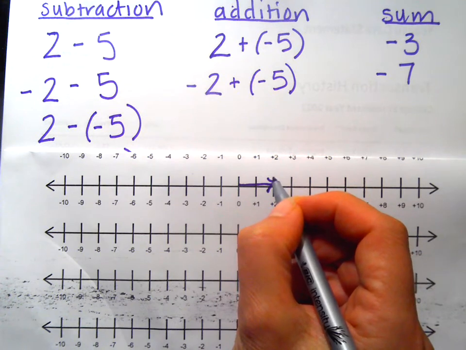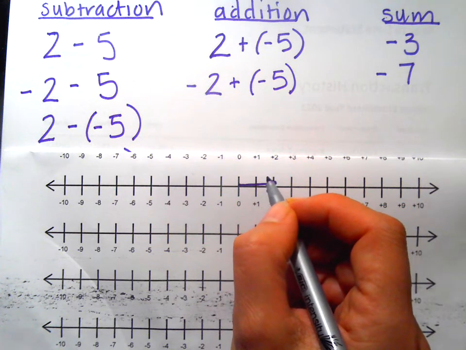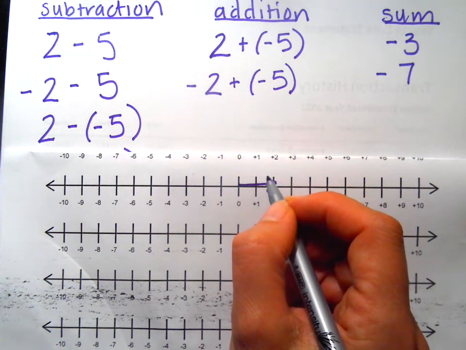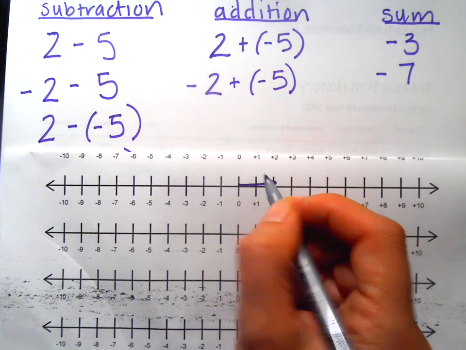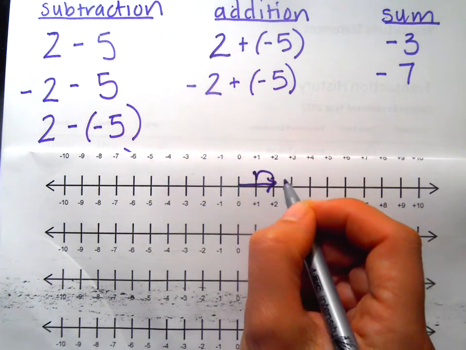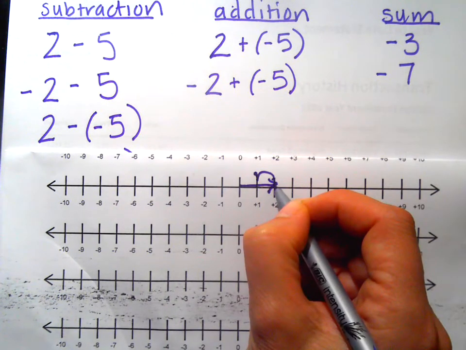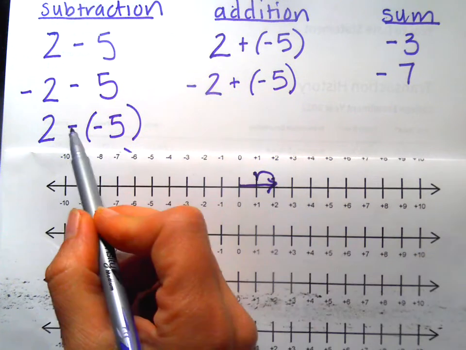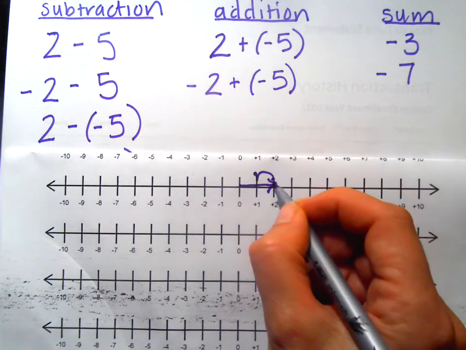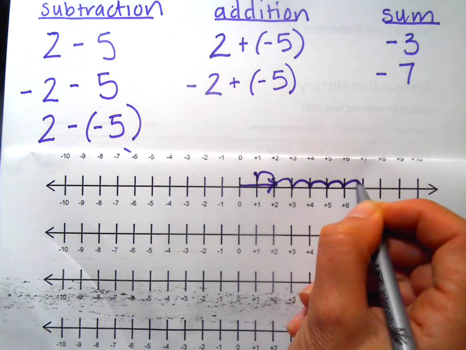When we were talking about what is the opposite of down, it's up. And the opposite of that is down. So you're just kind of going back. I'm at 2, and instead of going left, this guy says do the opposite, go right, and I'm going to go up 1, 2, 3, 4, 5.